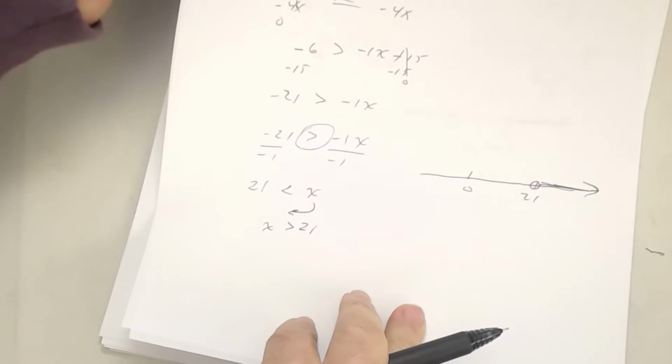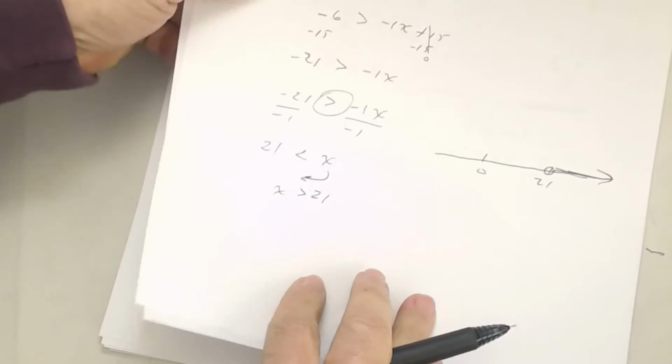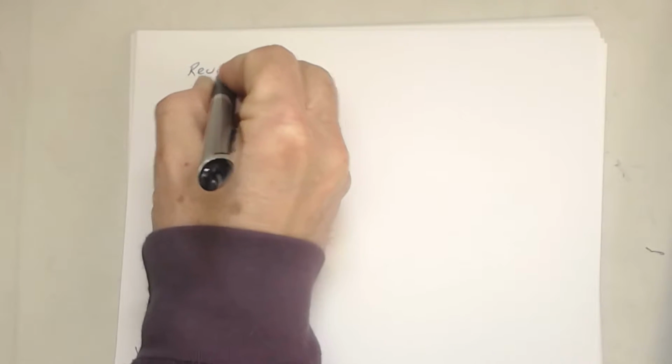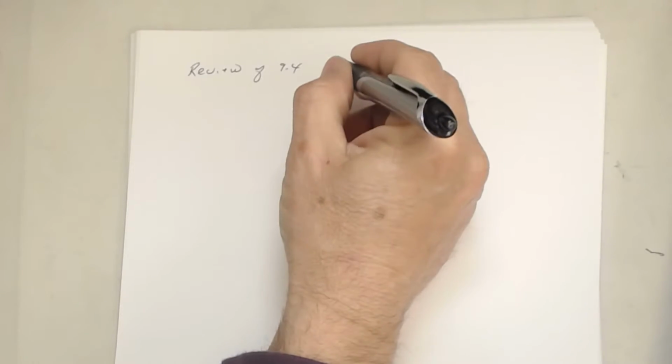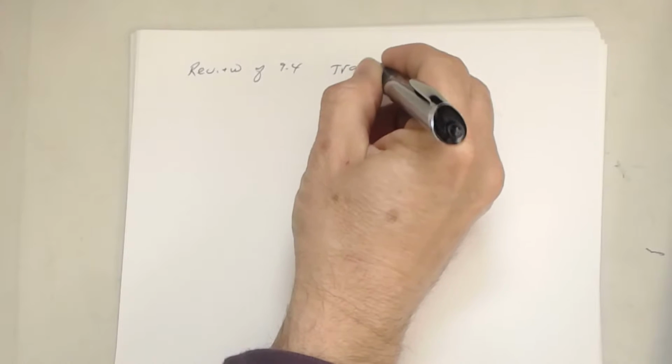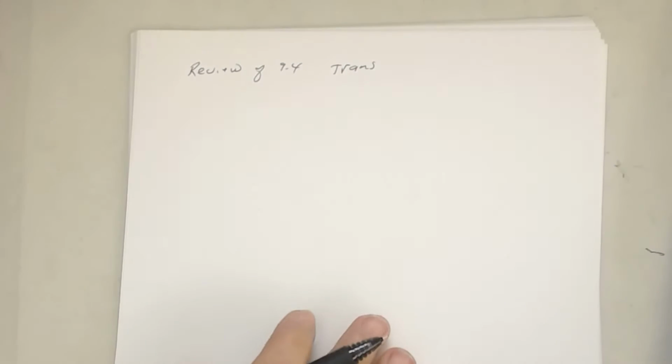So this is a review of 9.4. And what we're looking at so far in 9.4 is the translation word problems.